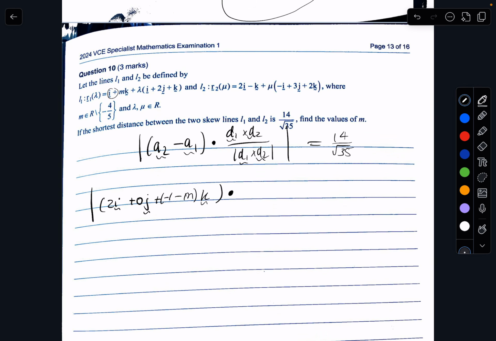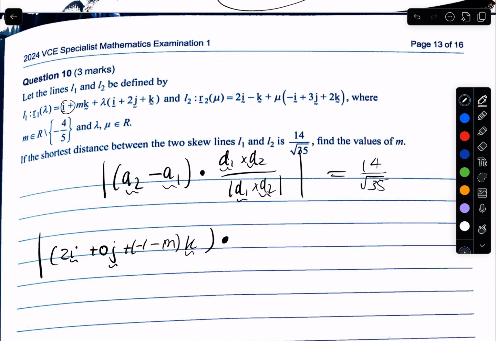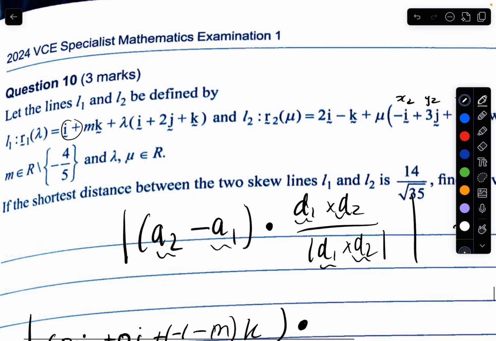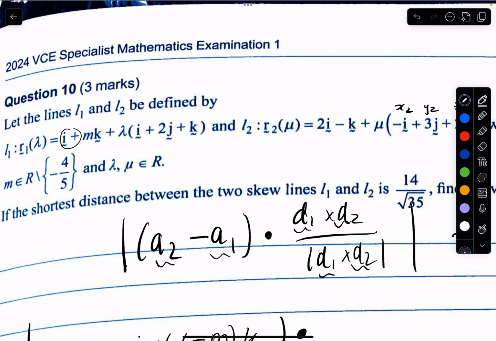Now the cross product of the direction vectors is... So let's say that this is D2, so this would be x2, y2, z2, and this is going to be x1, y1, z1.